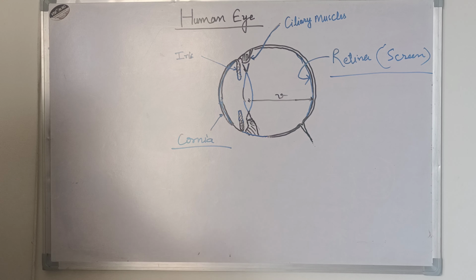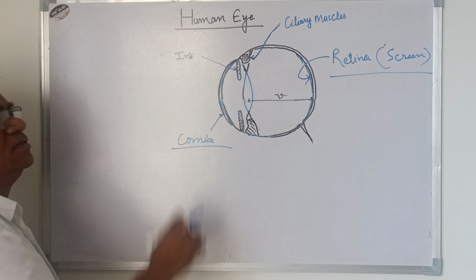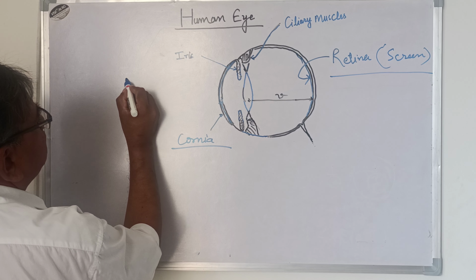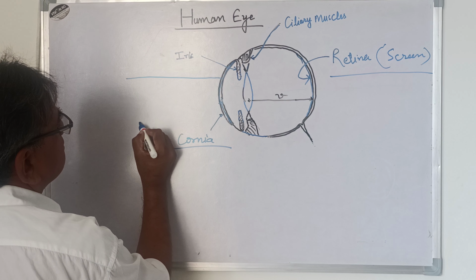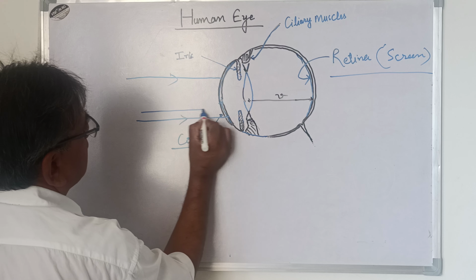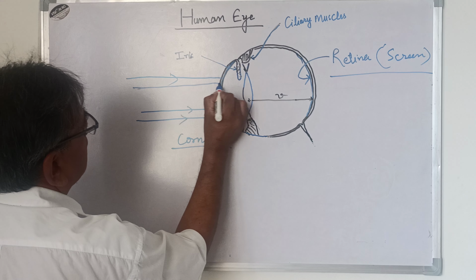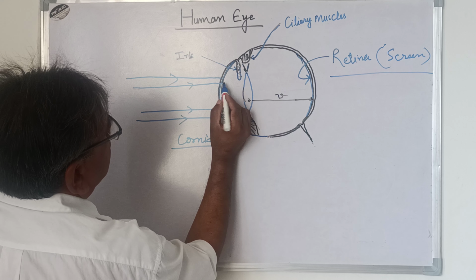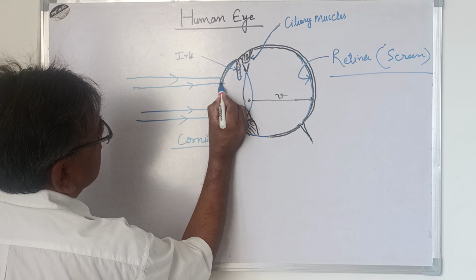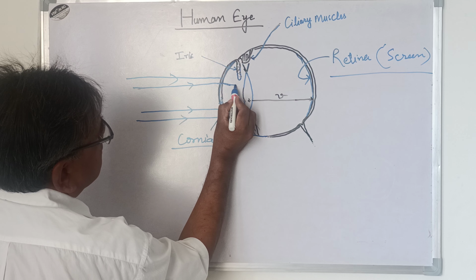What happens? This also acts as a permanent lens. First up, when the light falls on the cornea, some refraction takes place here also. It bends the rays.